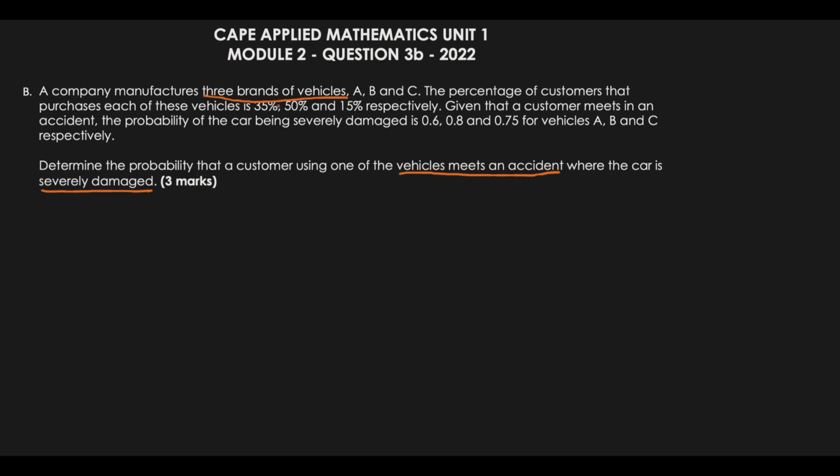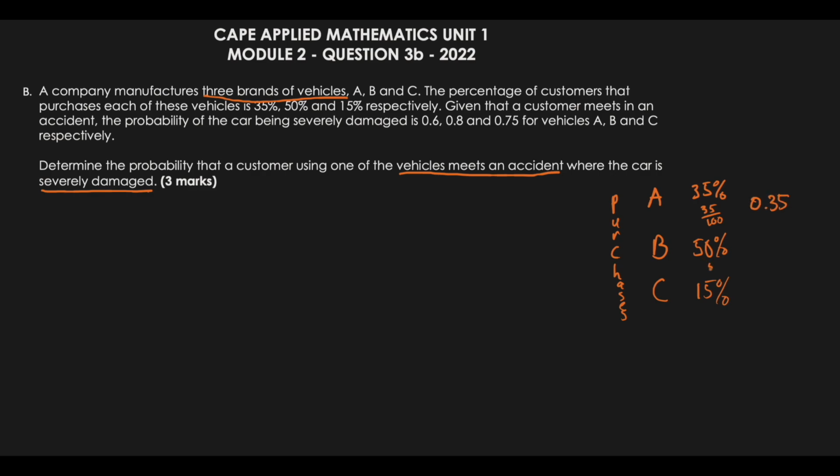I want to have all of these representing the same thing. So for instance, the probabilities of A, B, and C were given as 35%, 50%, and 15%. So this here represents the purchases. Now 35% is the same as 35 over 100. If I divide 35 by 100, it will be 0.35.